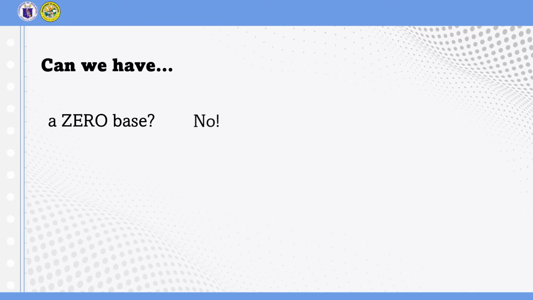Now, can we have a negative base? If you raise a negative number to a positive number that is not an integer but instead a fraction or a decimal, you might end up with a negative number underneath a square root. For example, negative n raised to 1/2 is equal to the square root of negative n.